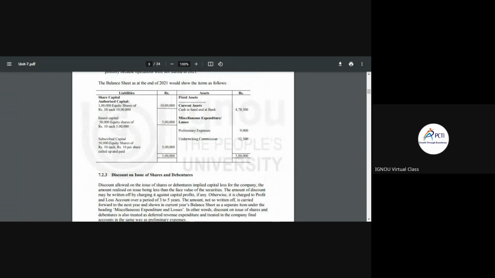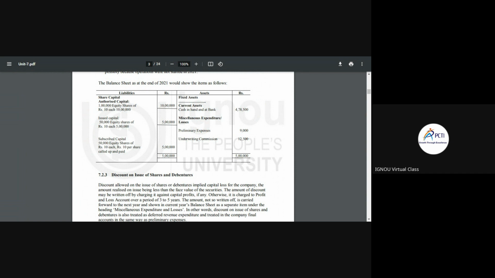If we check the balance sheet, on the liability side we will have the share capital. First is the authorized capital: 1 lakh equity shares of rupees 10 each, that will be 10 lakh rupees. Then we have the issued capital: 50,000 equity shares of rupees 10 each, 5 lakh. Then the subscribed capital: 50,000 equity shares of 10 each, 10 per share called up and paid, that will be 5 lakh.